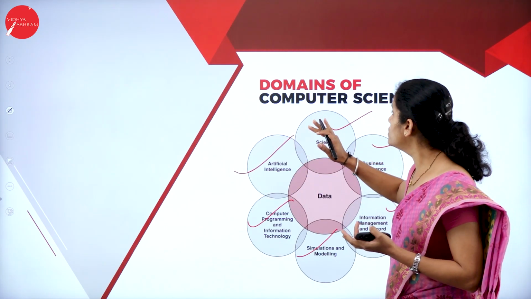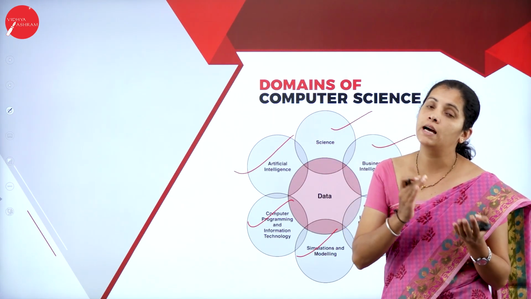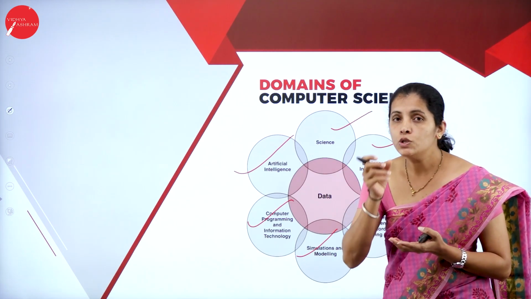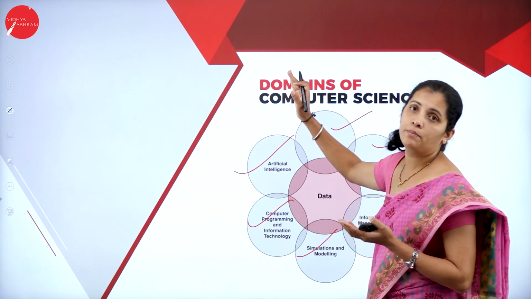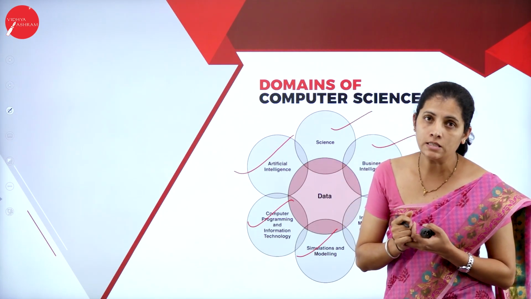As we know, computer science is the combination of science as well as mathematics. So if I select computer science, then I'm going to have the domain called science.